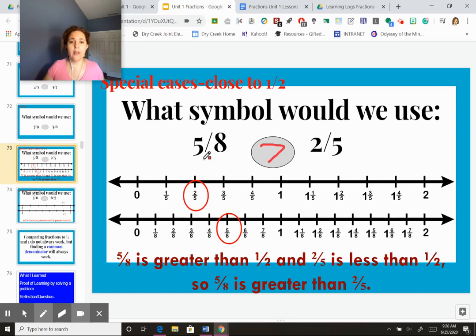Half would be 4 out of 8, and this is not even a half. So I know 5/8 has to be bigger. So 5/8 is greater than a half, and 2/5 is less than 1/2. So 5/8 is greater than 2/5. So that's another way that you can do these. But if this confuses you, stick to your cross multiplication. That will always work. Okay.